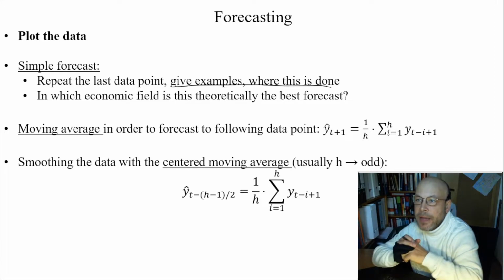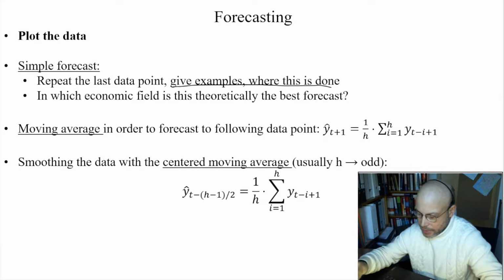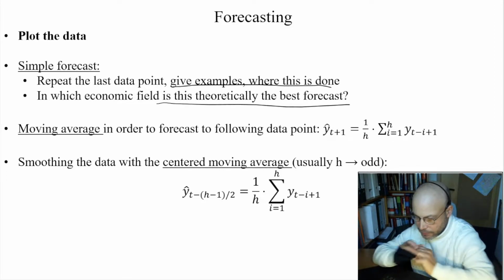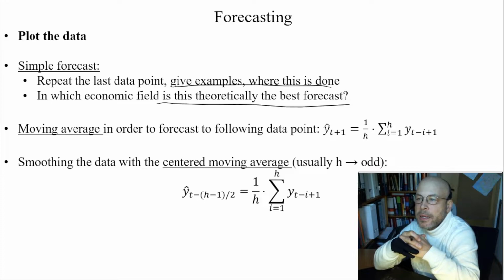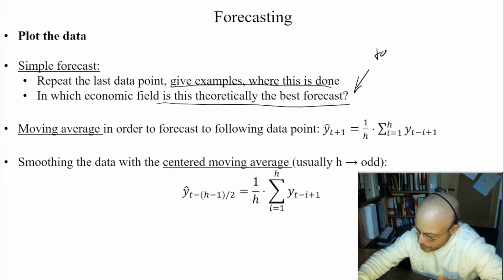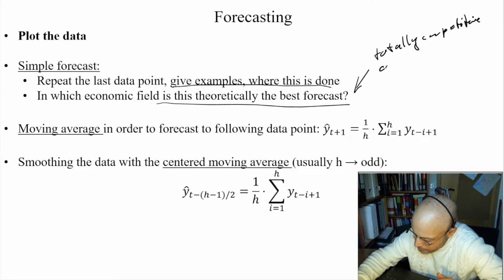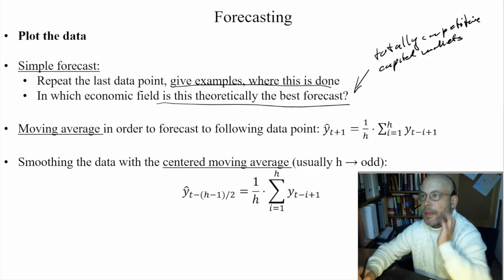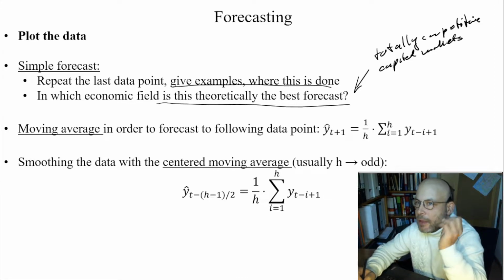This seems very naive, but if we think about it economically, we also have to admit that if we think of totally competitive capital markets, then from a theoretical standpoint the best forecast for tomorrow is the last value of today.